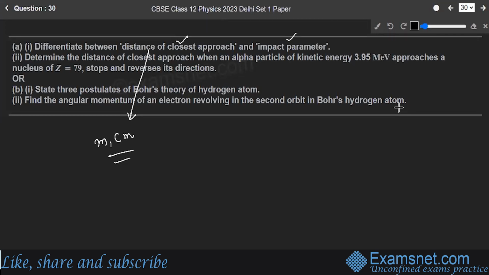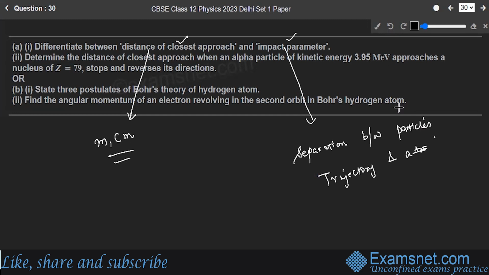Whereas the impact parameter, on the other hand, is a measurement of the separation between the particle's trajectory and a target item such as a nucleus during a collision.